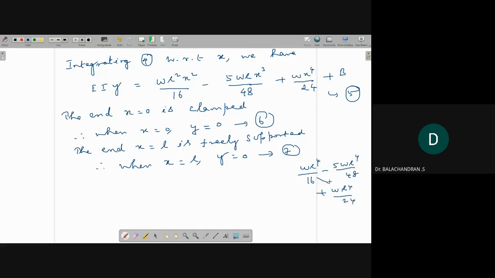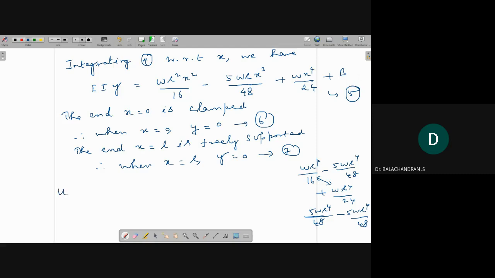So add these two. You can take commonly 48. This is the 3 times. This is 2 times. So 5 times omega L power 4 minus 5 times omega L power 4 by 48. So either if you apply condition 6 in 5, or if you apply condition 7 in 5, you'll get B equal to 0.